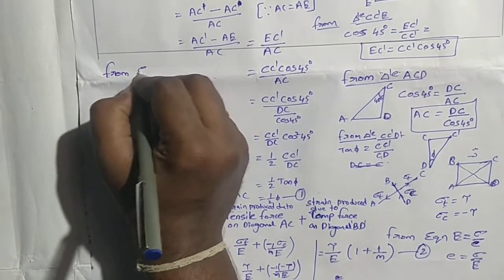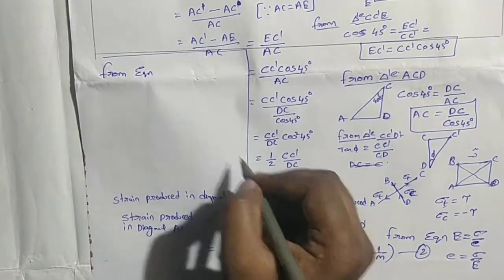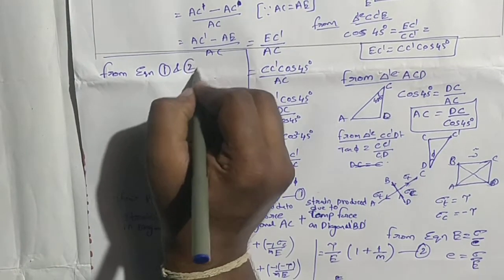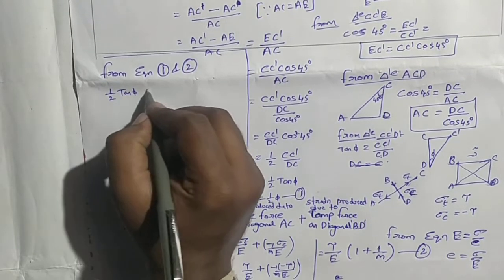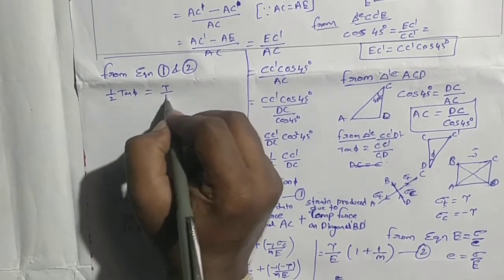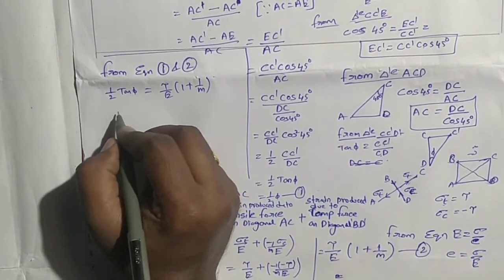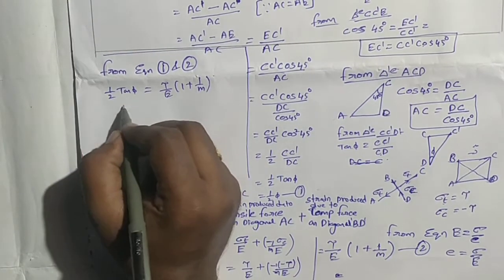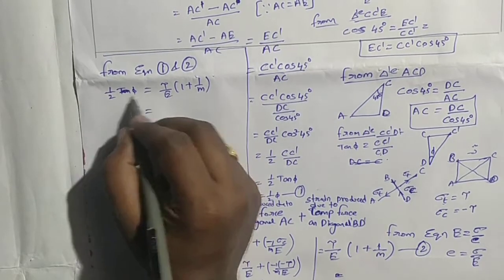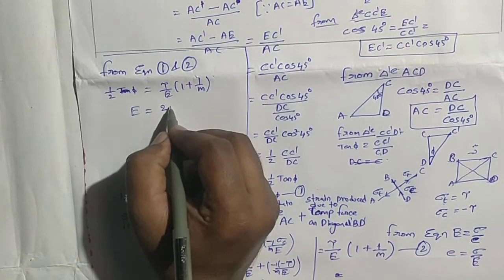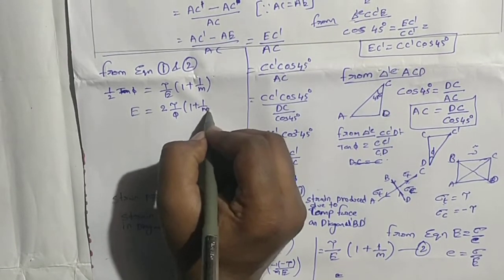From equation 1 and 2, equating equation 1 and 2, tan phi is equal to tau by E into 1 plus 1 by m. Sorry, tan phi can be written as phi. Therefore, cross multiplying this equation, E is equal to 2 tau by phi into 1 plus 1 by m.